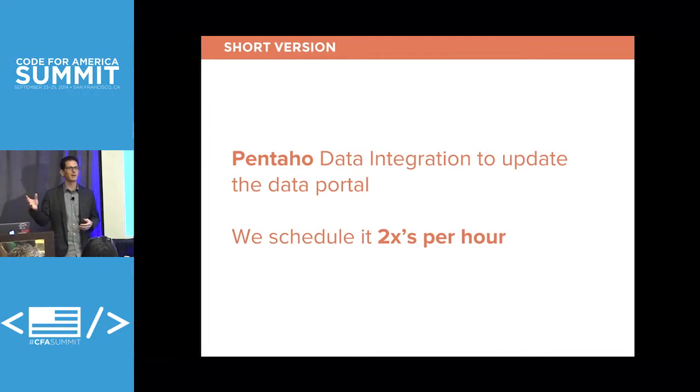The code enforcement is a Microsoft SQL database, and we're able to query that database. Pentaho Data Integration queries that database, transforms the information, and then puts it up to our open data portal. And then from there, that's where we kick off the process that Danny talked about with Citygram having the GeoJSON transforms. We schedule that to run 2 times an hour, because that seems like a roughly tenable schedule.